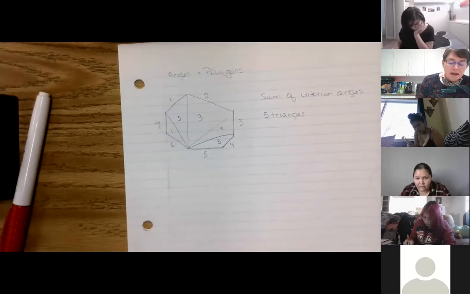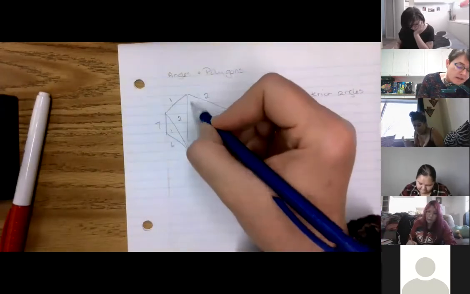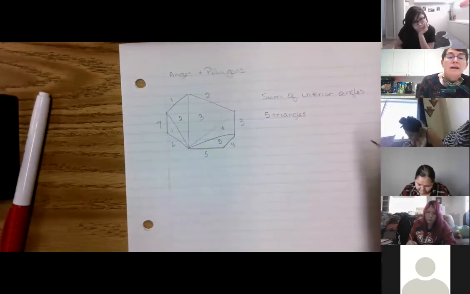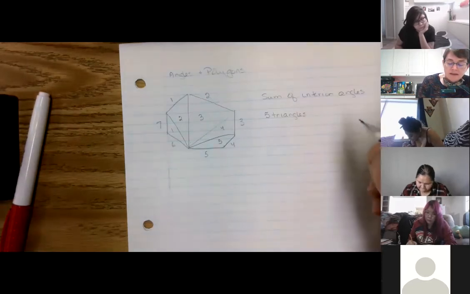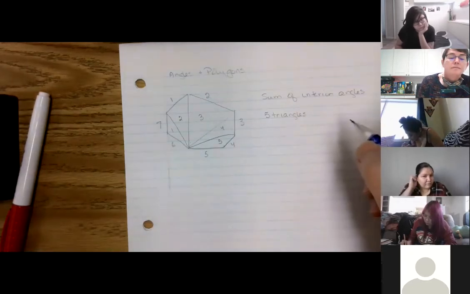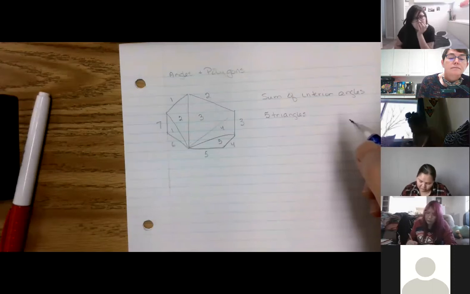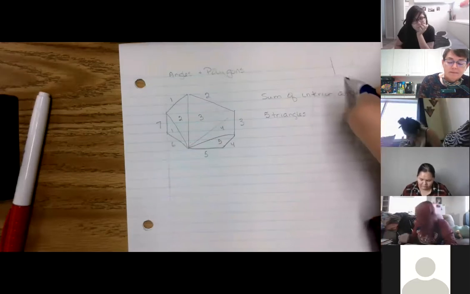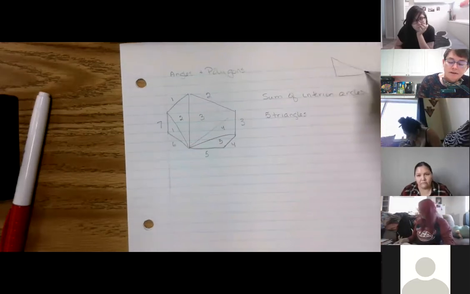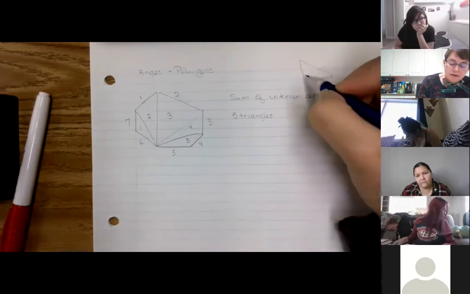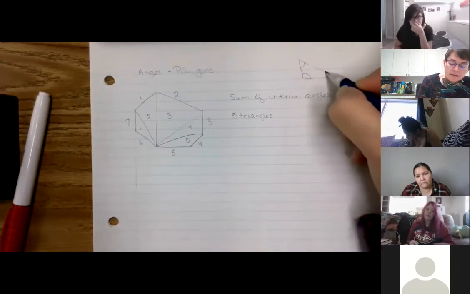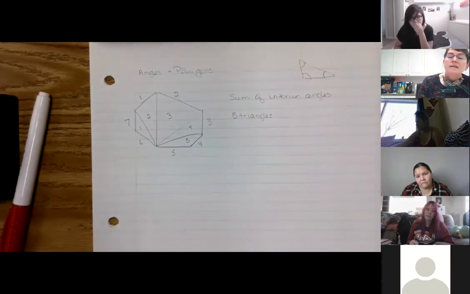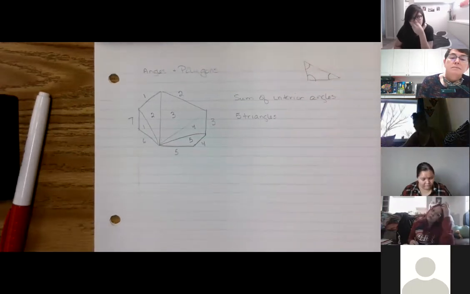Ayla, what is the sum of the angles inside one triangle? If you added all three of those angles up, what do they add up to? Like which ones? Okay, so if I just drew a triangle here, I wanted you to tell me if you added up this one and that one, how many degrees does that equal up to?